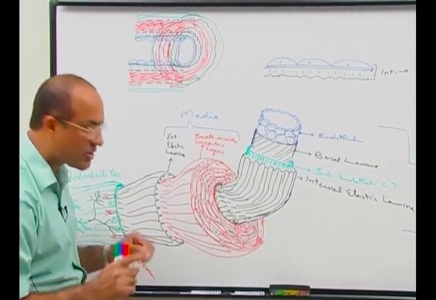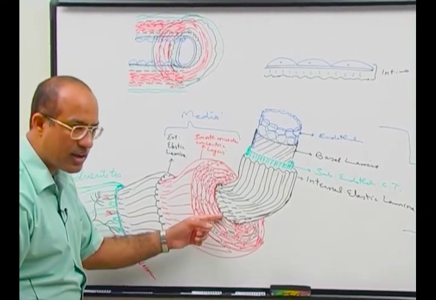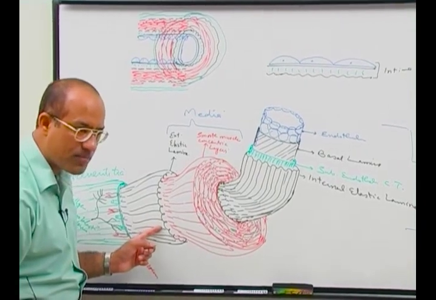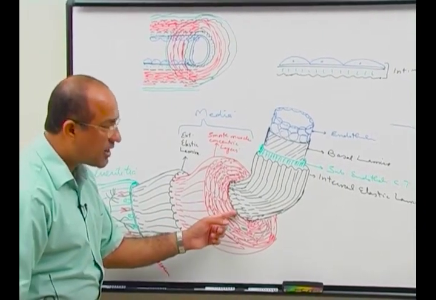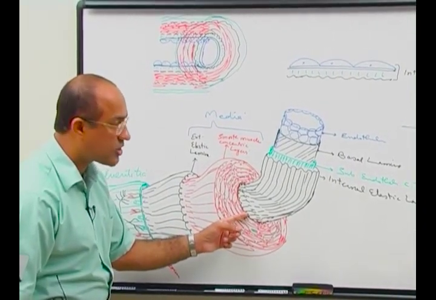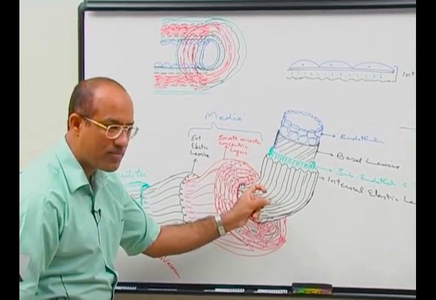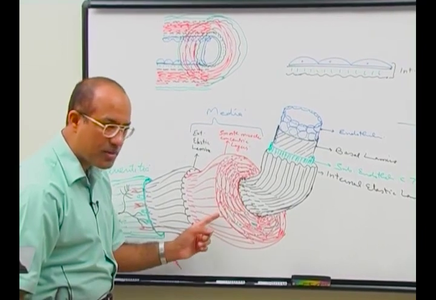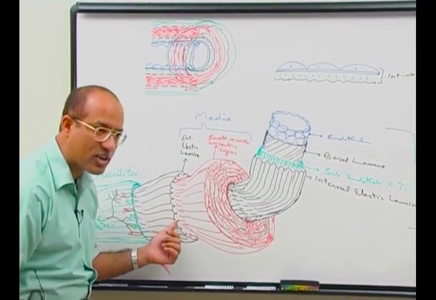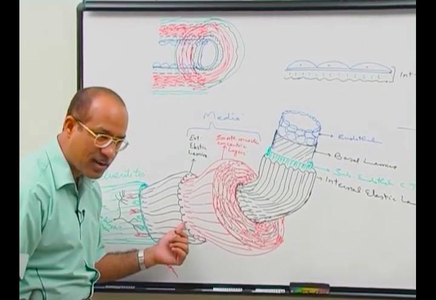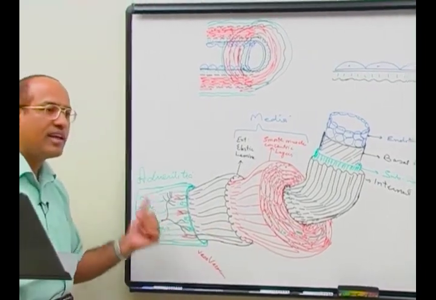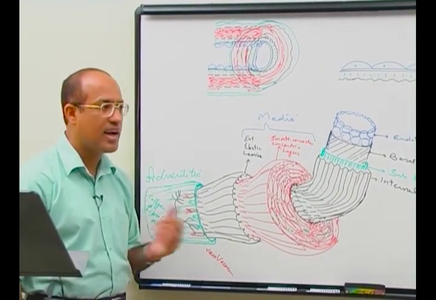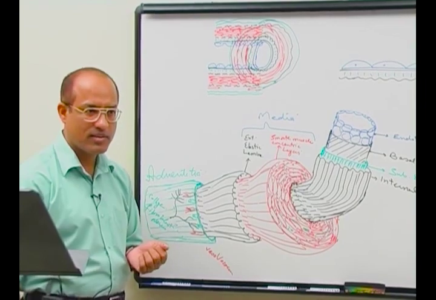The real boundaries of the three layers are the internal elastic lamina and the external elastic lamina. Internal elastic lamina and all the structures within it are intima, structures outside the internal elastic lamina up to the external elastic lamina included are media, and structures outside the external elastic lamina are adventitia, right? So let's have a break.